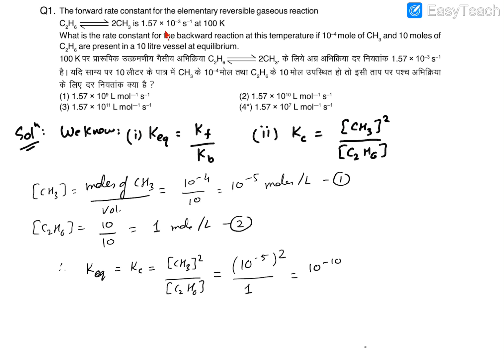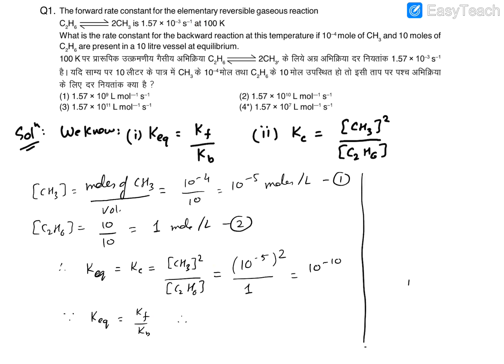K forward is given in the reaction, and we need to find Kb. So now things become easy. Since K equilibrium is Kf by Kb, use this value of K equilibrium and the value of K forward.